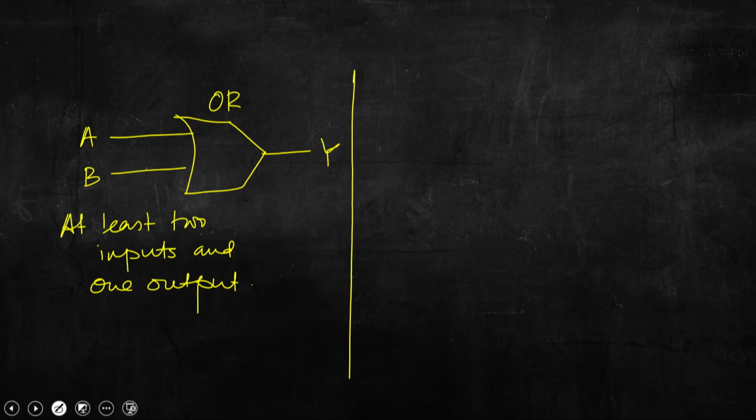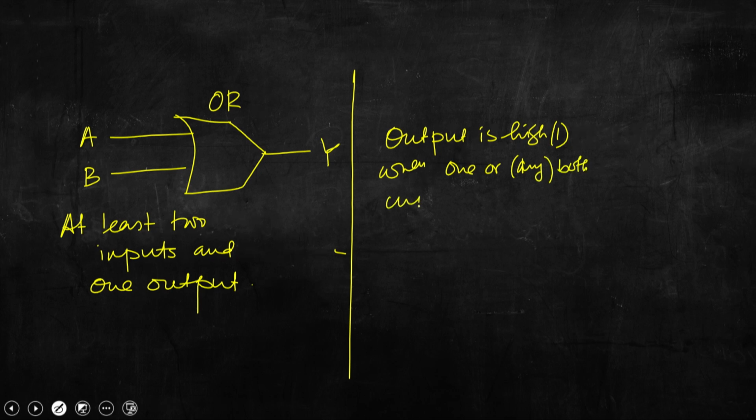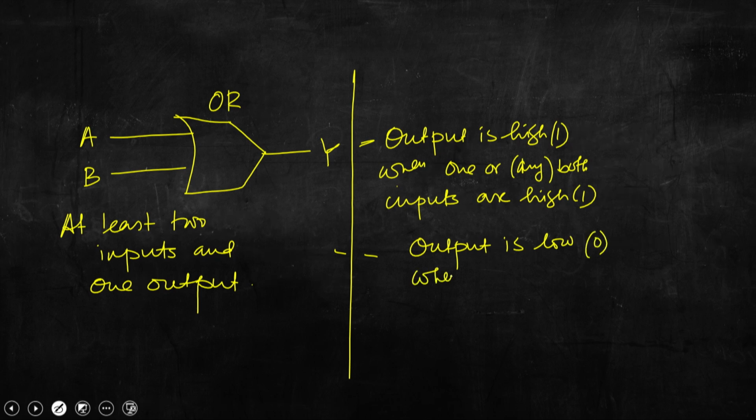The output is high, that is 1, when one or both inputs are high, that is 1, and the output is low when both inputs are low.